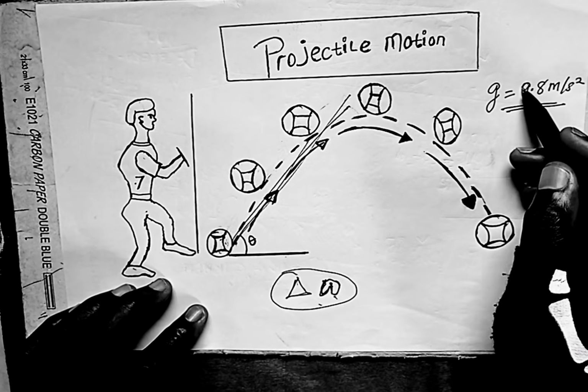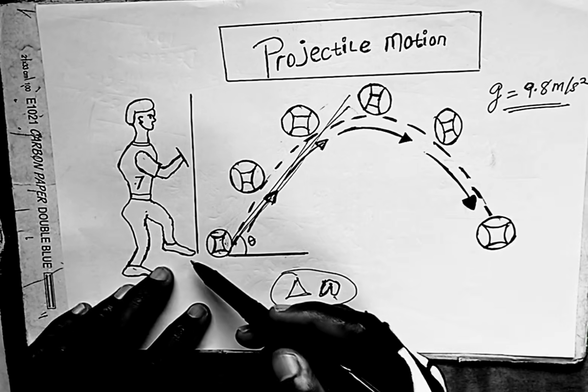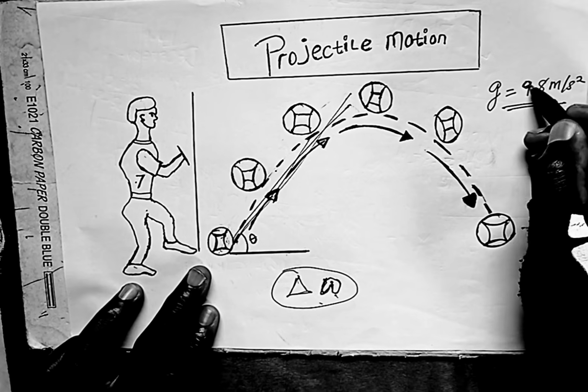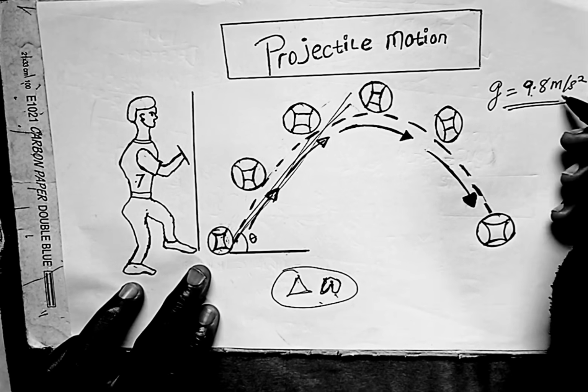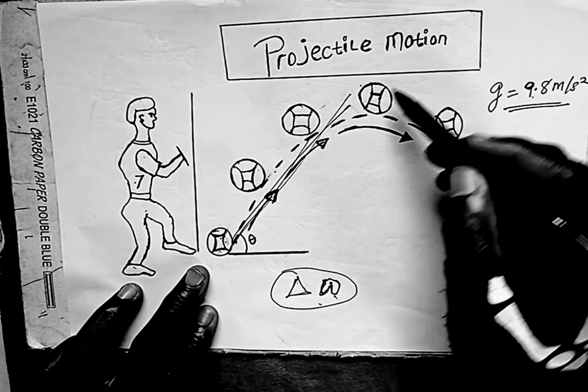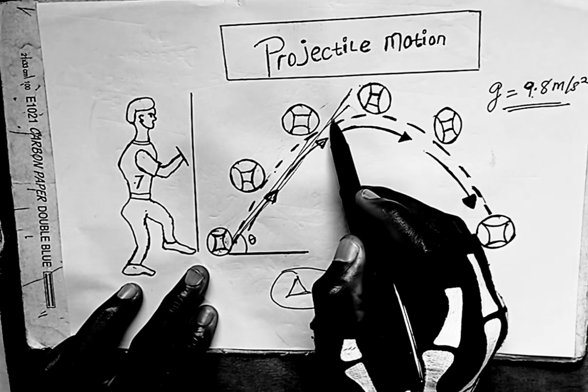When it gets to the point where the velocity at which it moves is no longer greater than the acceleration due to gravity, 9.8 meters per second squared, or 10 meters per second squared, there is no more acceleration. So when it gets to the maximum height, no more acceleration.